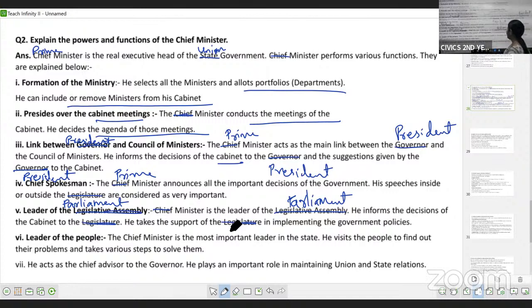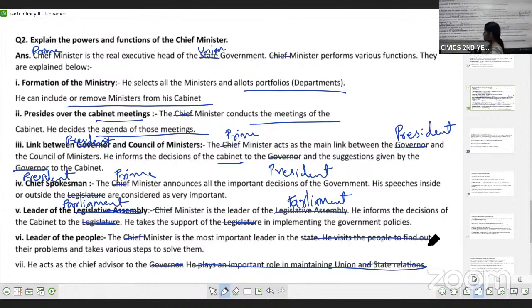He is the leader of the people. That you can explain. He represents the country in other countries, and he is the chief advisor to the president. This is not required. He is the leader of the people. The Prime Minister is the most important leader of the nation.